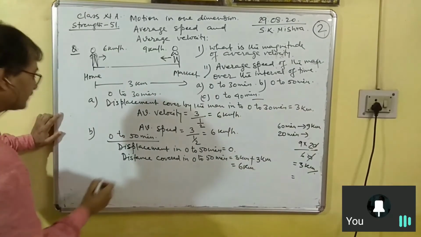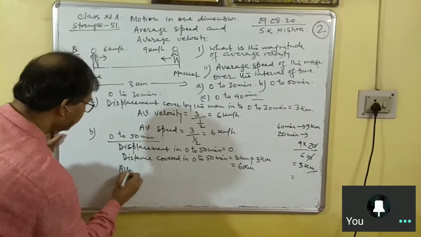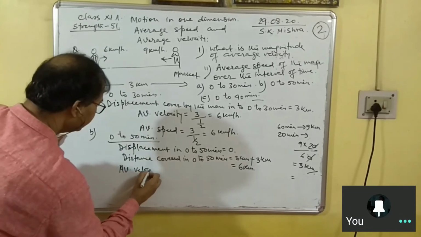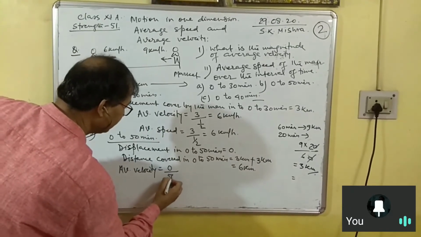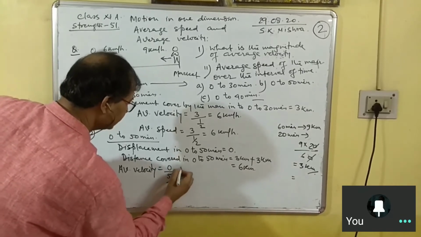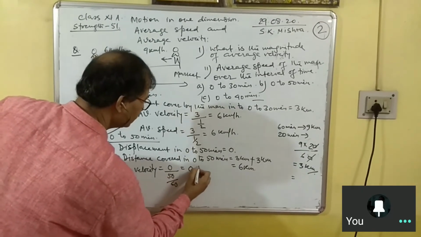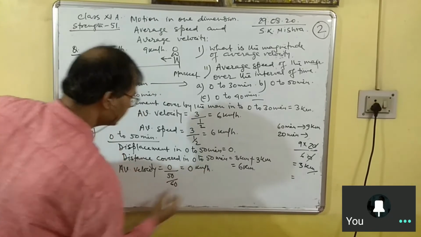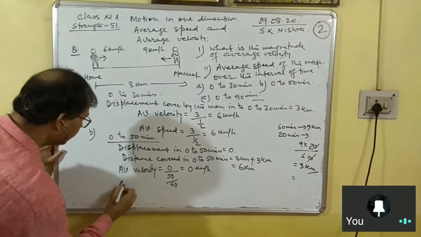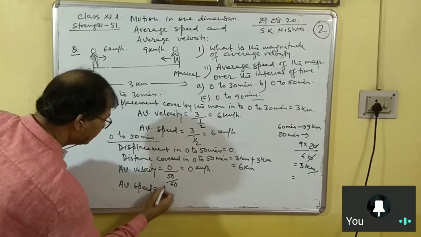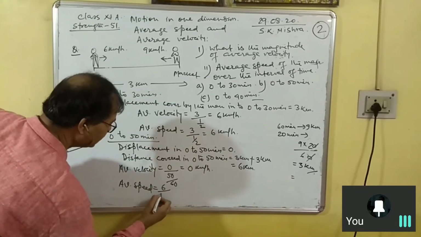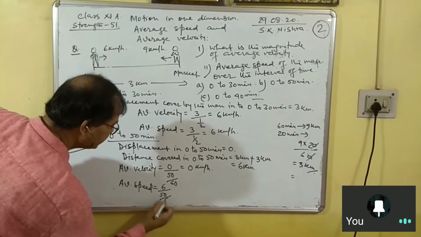So now see the average velocity. Average velocity is total displacement by total time. Time is 50 minutes by 60. So this is 0 only. 0 kilometer per hour. Now what is the average speed? Average speed here is not 0. See, the total distance is 6 and total time is 50 by 60.